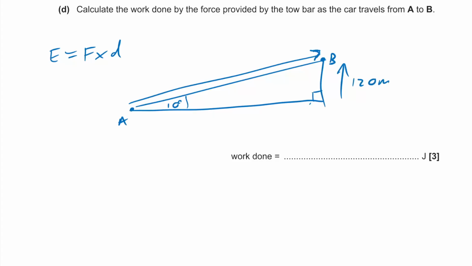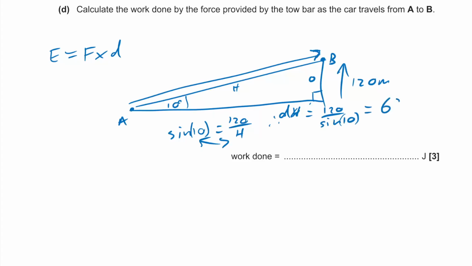So we're looking for the distance up the ramp. We have our hypotenuse and we have our opposite, so therefore we're going to use sine. Sine of 10 is equal to the opposite, 120, divided by the hypotenuse. So swap those around. Therefore the hypotenuse, the distance, let's just call it, is equal to 120 divided by sine 10. And that gives us a distance of 691 meters. Fine. So we have our distance. Now we need the force.